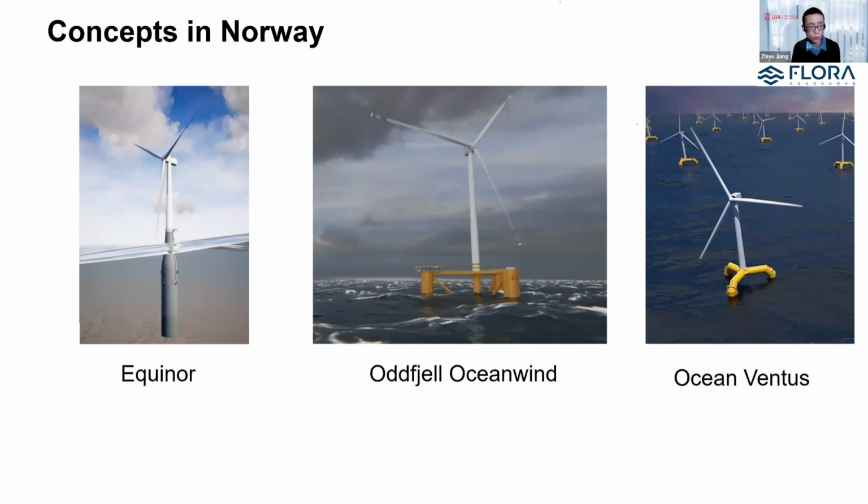The idea of Ocean Ventures is that we can use a barge to transport the wind turbine. So actually the hollow part below the foundation can fit a transportation barge, so the wind turbine can sit on the barge during installation. But we are very curious to see the future developments of these concepts, whether any of them would stand out in the market in the near future.